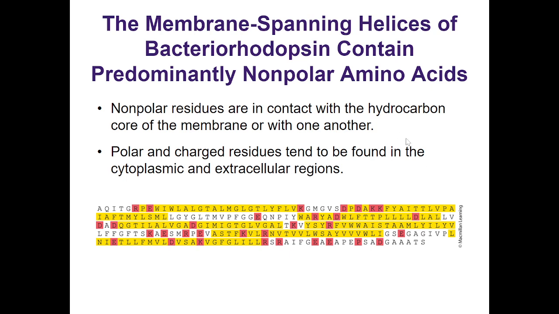Remember that everything on the outside of this assembly is going to end up being hydrophobic. That's what's passing through the tunnel, right? So the polar and charged residues will tend to be found in the cytoplasmic and extracellular regions. This is what allows it to interact with the cytoplasmic and the extracellular hydrophilic regions.